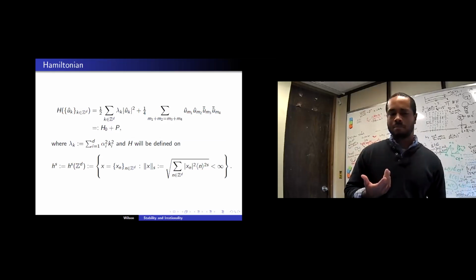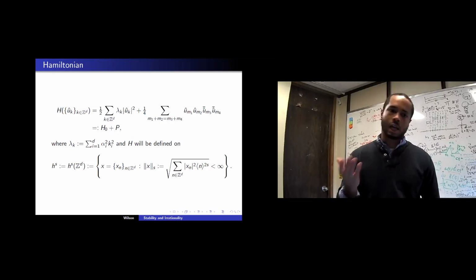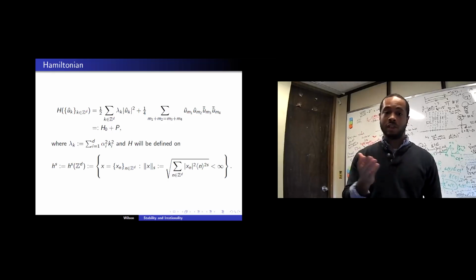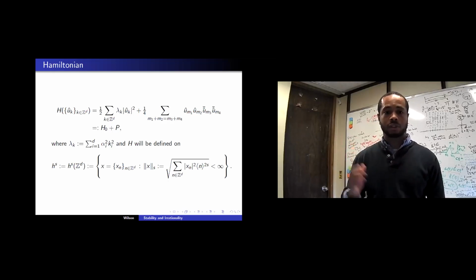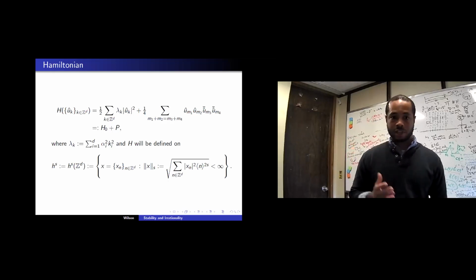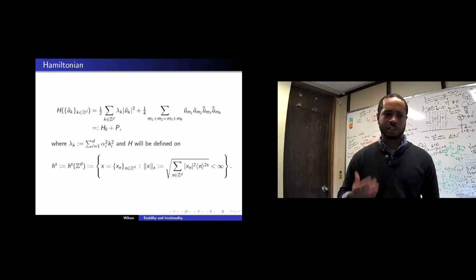And this is more or less an informational slide, but exactly the Hamiltonian I'm looking at, and in particular I care mostly about the Fourier coefficients of my solutions more than I care about the actual solutions. I like to think of all of these, even the original nonlinear Schrodinger equation, purely in terms of Fourier coefficients. And so here's the Hamiltonian, and then your phase space is h^s.